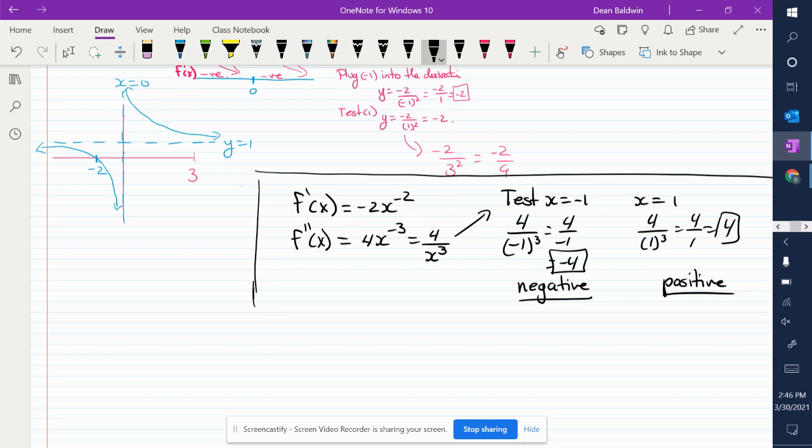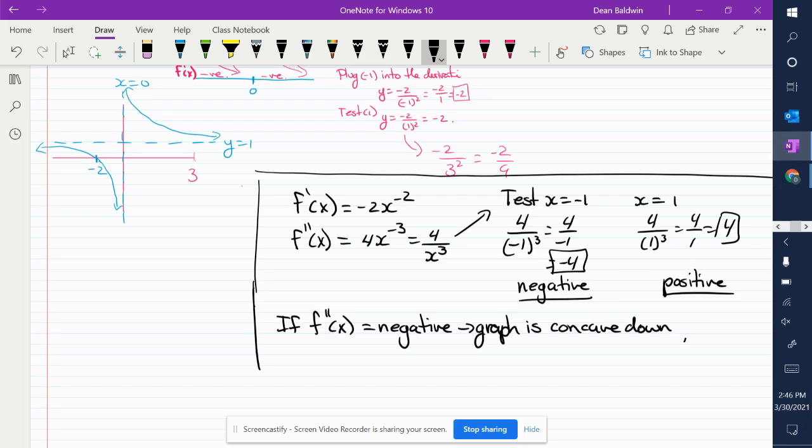So if f double prime of x equals negative, down, and it looks like that.